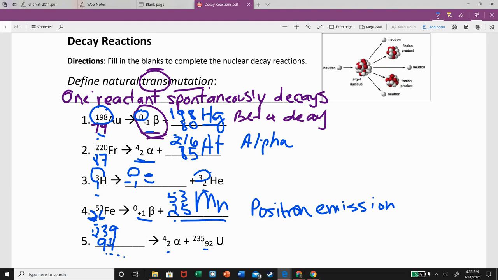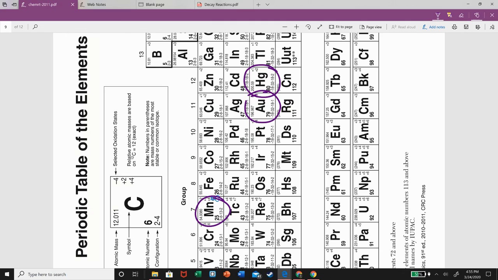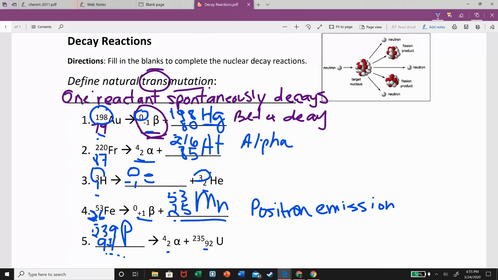Now I just have to figure out what is the atomic number 94. So I'm going to go back to my periodic table. I'm going to find 94. So it might take you a little while. Oh, I found it. Okay, 94 down there. Pu, plutonium. Okay, so plutonium undergoes what kind of decay will this be?